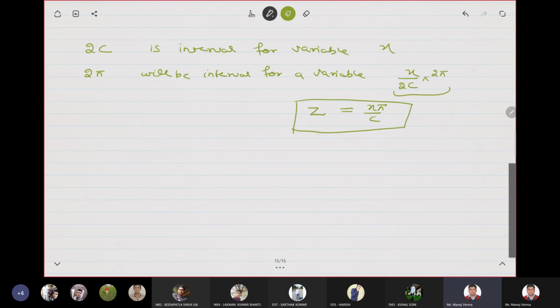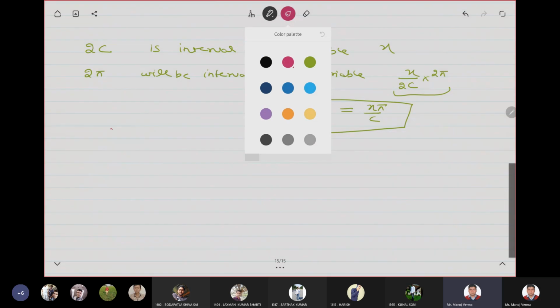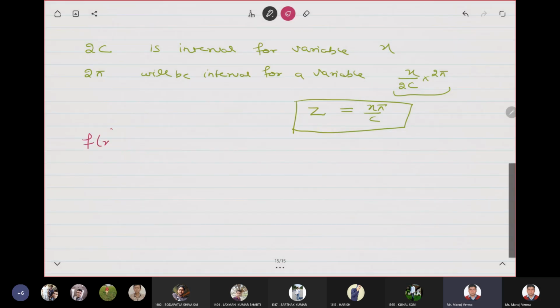So the moral of the story is that if a function f(x) has period 2c, then a similar function f(z) will have period 2 pi.